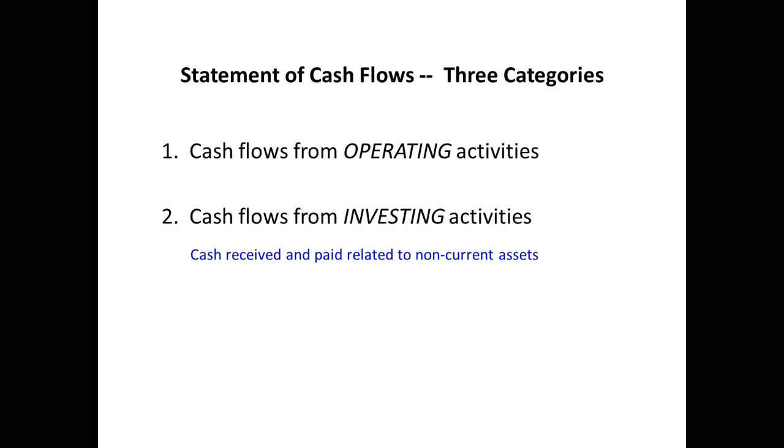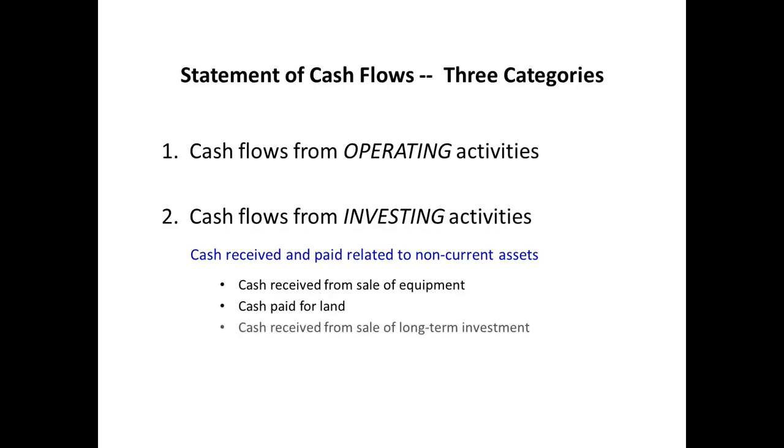So cash received from the sale of assets that we used for more than 1 year, or cash paid for assets that we plan to use for more than 1 year, will be listed in the investing activity section. Examples include cash received from sale of equipment, cash paid for land, cash received from sale of long-term investment, cash received from sale of patent, and cash paid for vehicle.